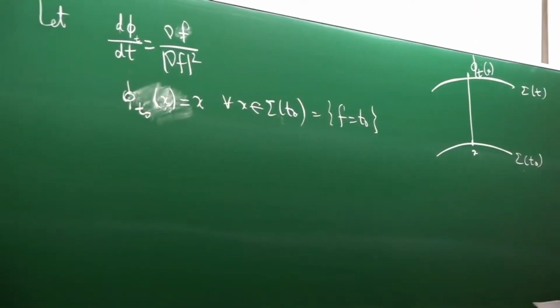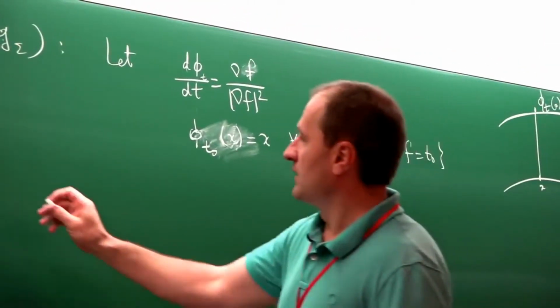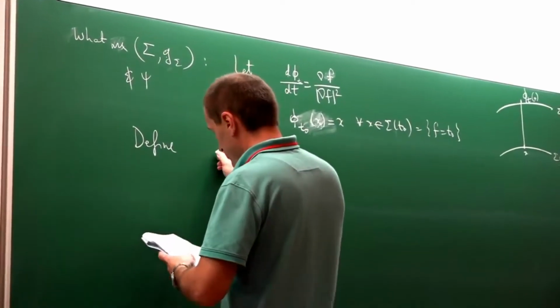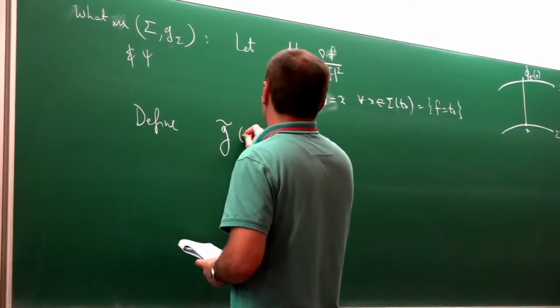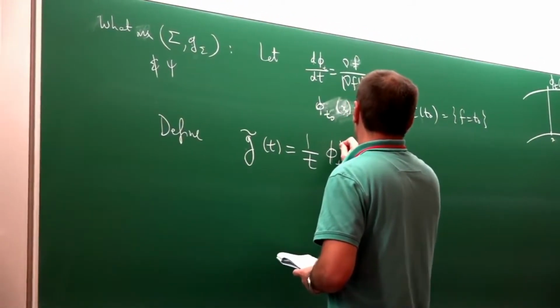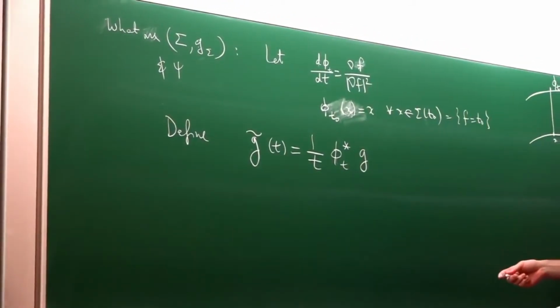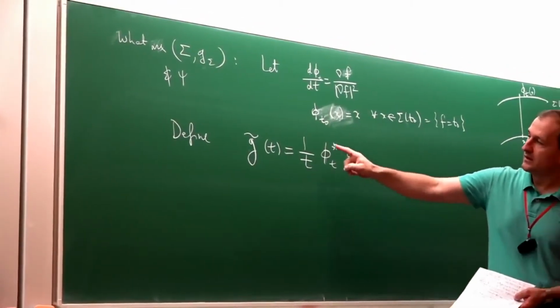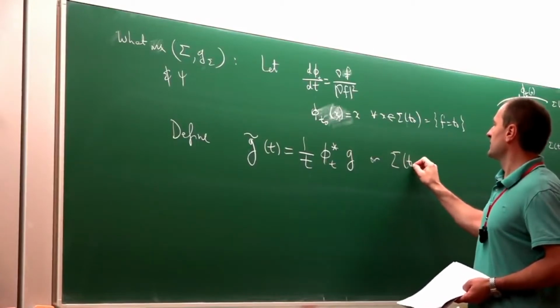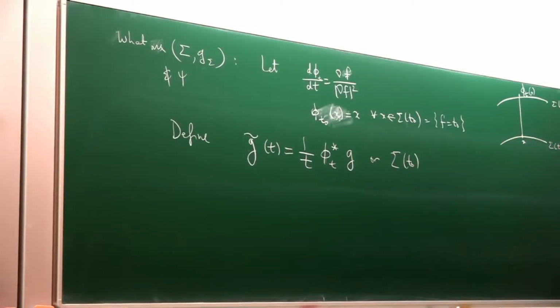And then I will construct G sigma by taking G tilde, the pullback. So this is a metric on sigma of t. I pull back and I rescale. So I get a metric on t naught.